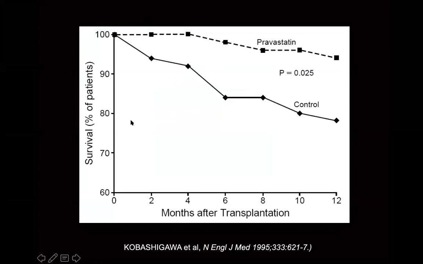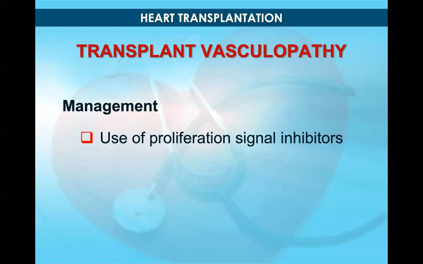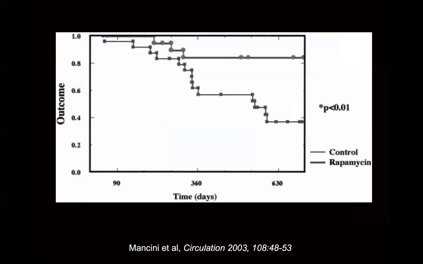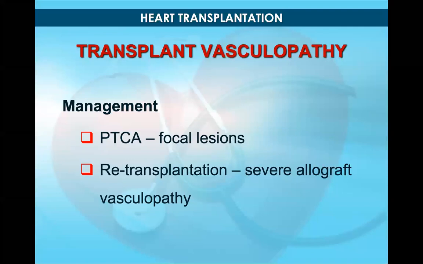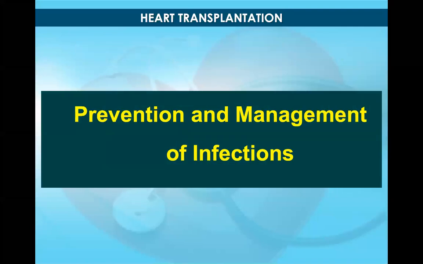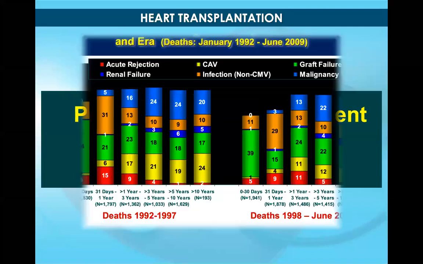Do we need to add atorvastatin or pravastatin or any kind of statin to the medication to lower the incidence of vasculopathy? Retransplant is something to be looked into and measured. Again, these are quite advanced, or I would say you guys are quite advanced right now.